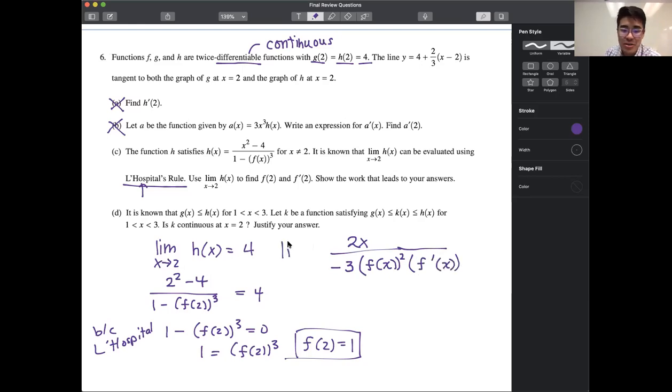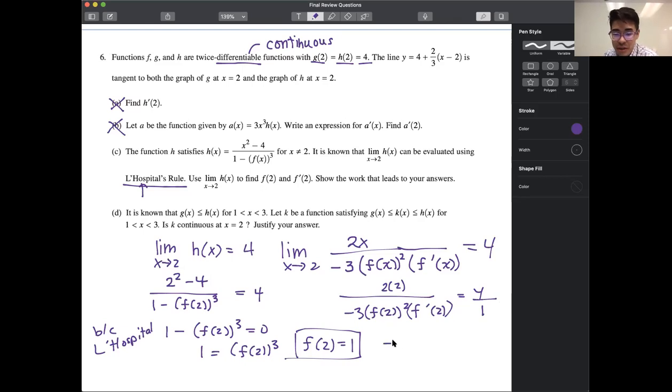So now we're going to use the limit as x approaches 2 of this function, and this limit should equal 4. So let's plug in 2. We get 2 times 2, all of which over -3 times f of 2 squared times f prime of 2 is equal to 4. We know that the top of the function is equal to 4. So that means the bottom of the function has to equal 1 in order for it to work.